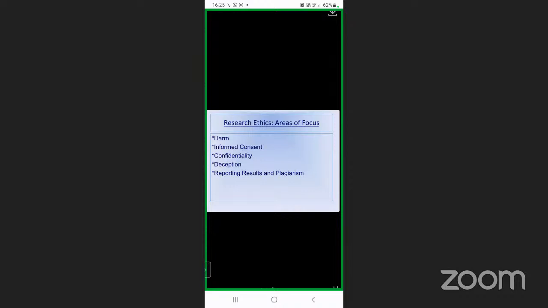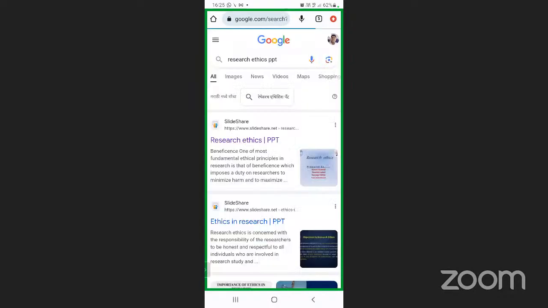Okay, so if we see the different parts or different parameters, or if you revise all these parameters which are related to research ethics.